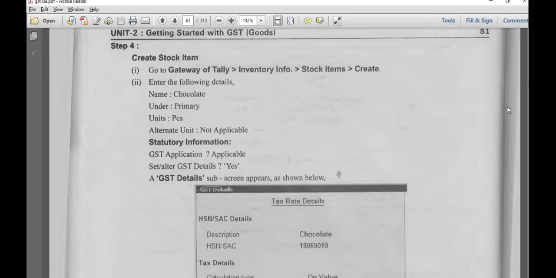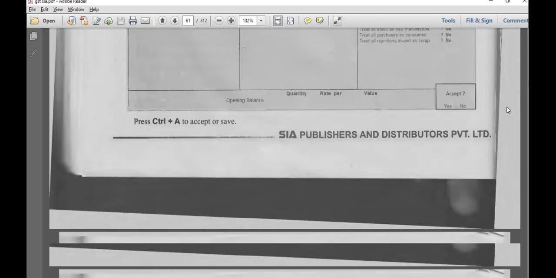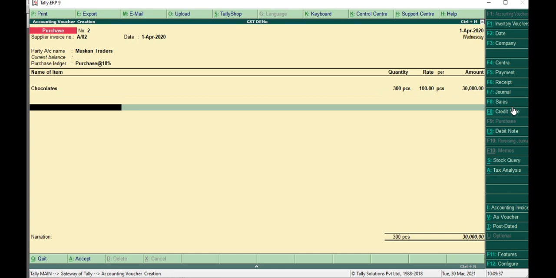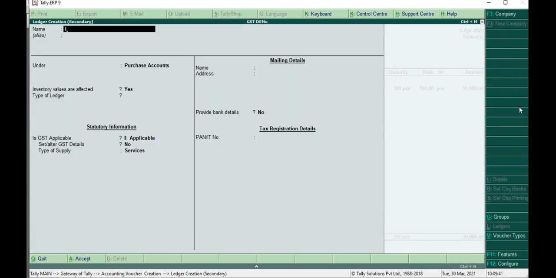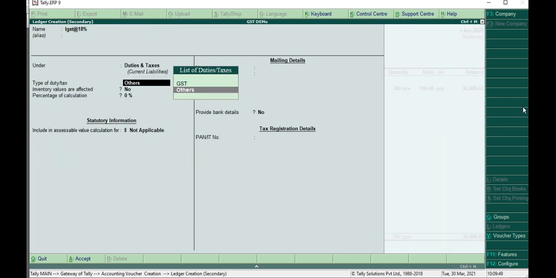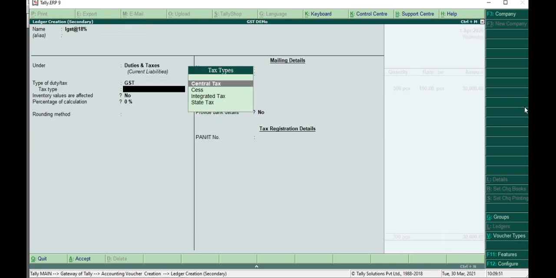So quantity 300. Yes, sir. Rate 100. And it is interstate. So we will have only one tax, that is IGST at the rate 18%. It comes under duties and taxes, GST, integrated tax, that is 18%.